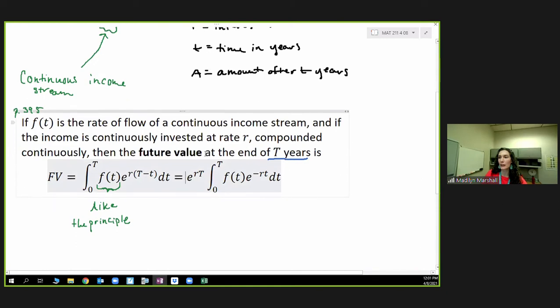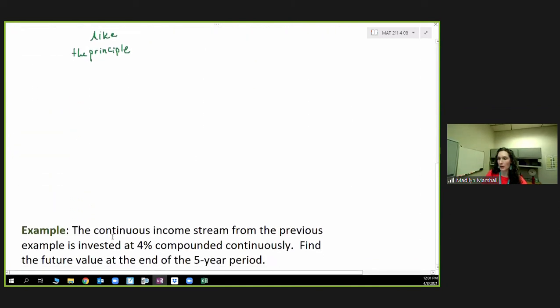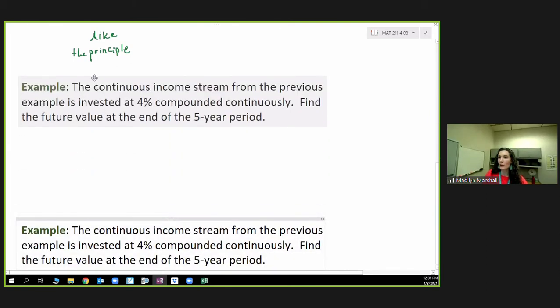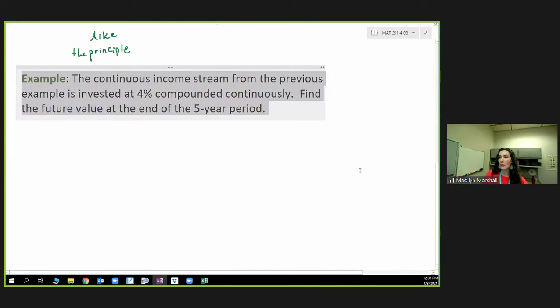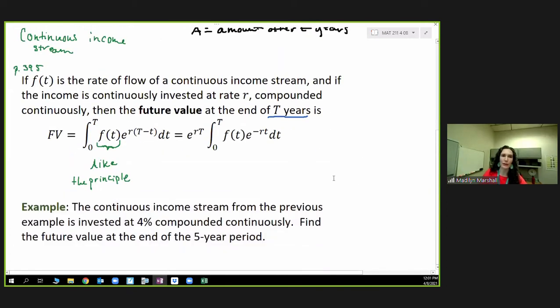So let's do an example so we can make sure we have all of the bits in the right place. We're going to be using that same income stream from the previous example. So that vending machine is what we're using here.